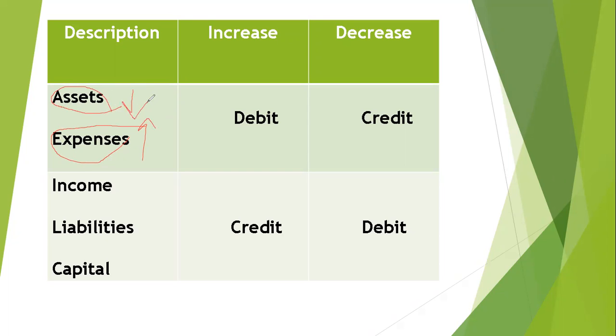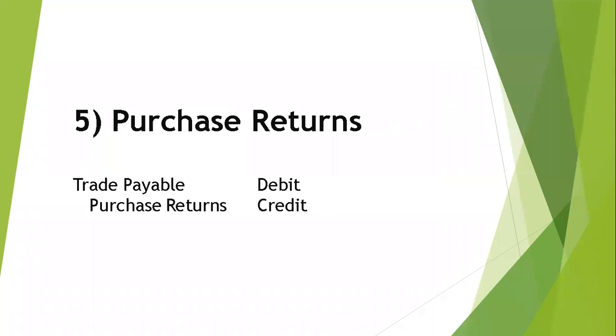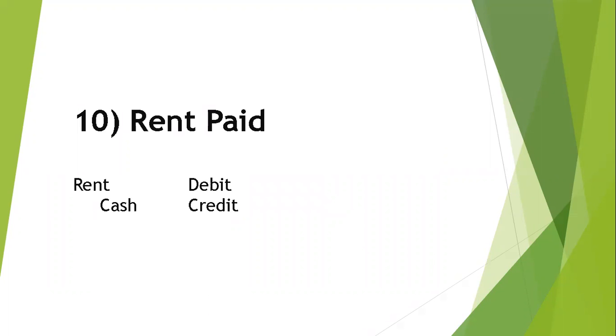That means the asset is decreasing. As we all know, when there is an increase in the expense, we are going to debit the expense account. At the same time, we are going to credit the asset, because cash is an asset and we are spending the cash for it. So the entry for the rent paid is: we debit the rent and credit the cash account.